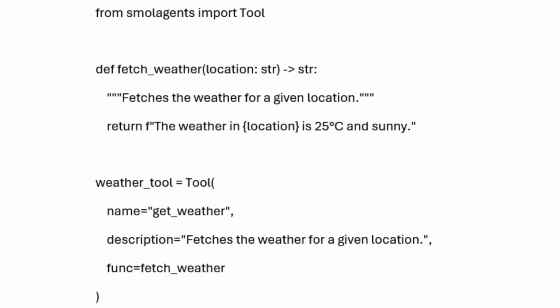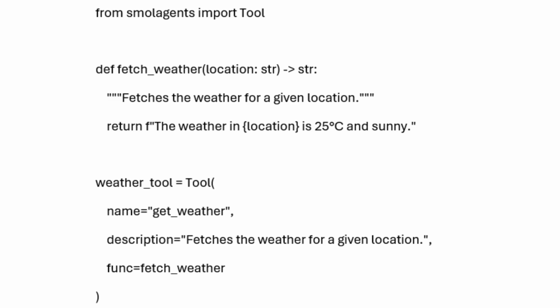Now we will look into using the tool class. While the @tool decorator is the simplest way to define a tool, Smolagents also provides a more structured way using the tool class. Here's the same weather fetching tool, but this time using the tool class. This approach gives us more control over how the tool is registered and used. Let's break it down.